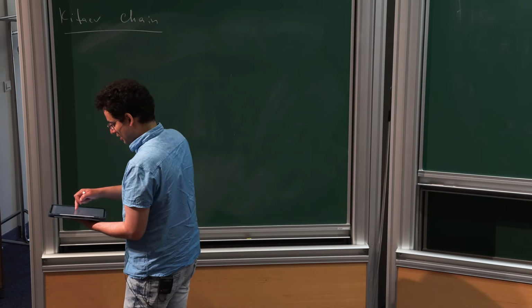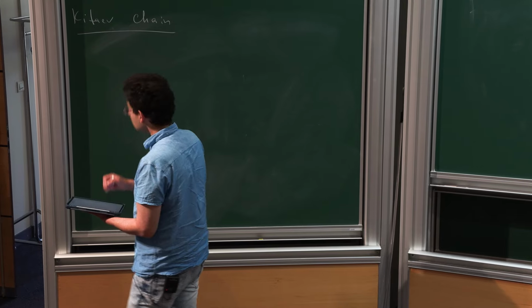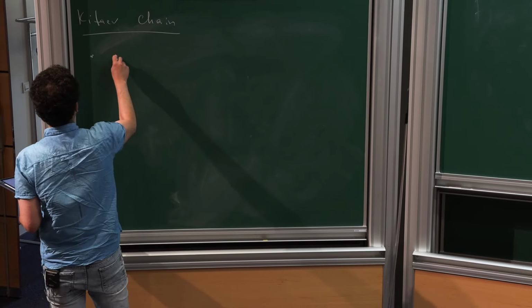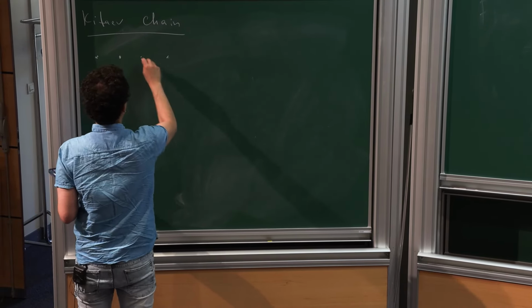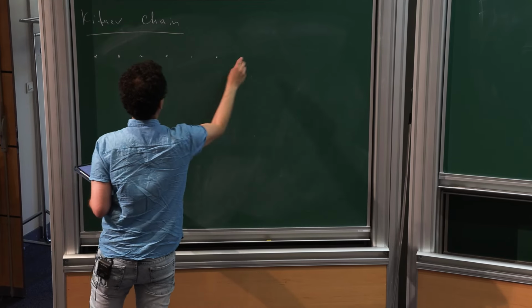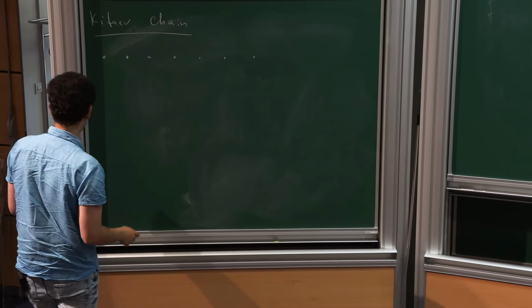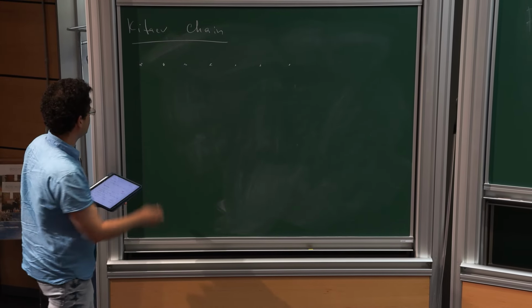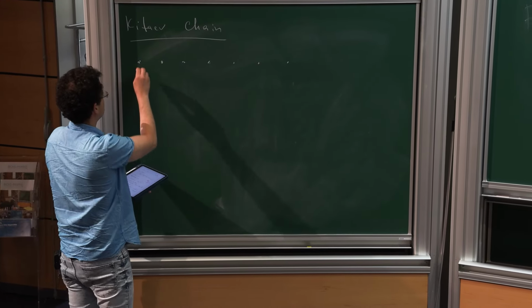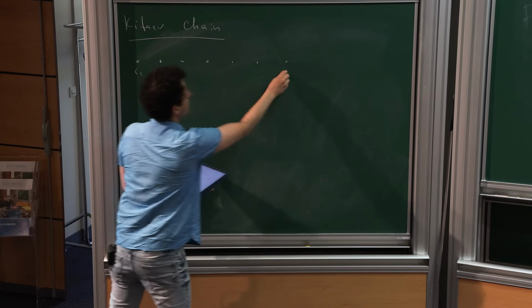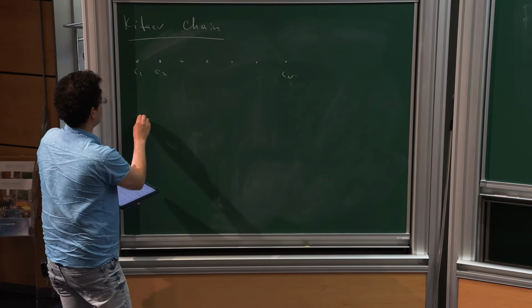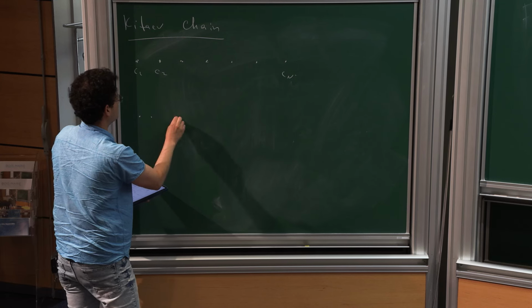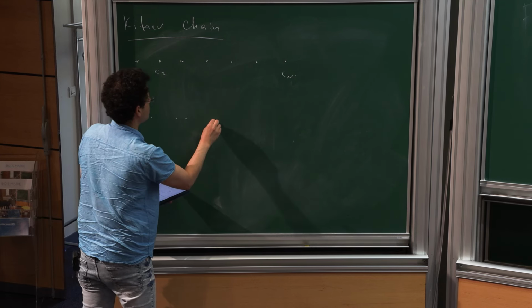And we had this very explicit Hamiltonian. So we have a Hilbert space with a fermion sitting on each side, and then we write it in terms of these Majorana fermions.